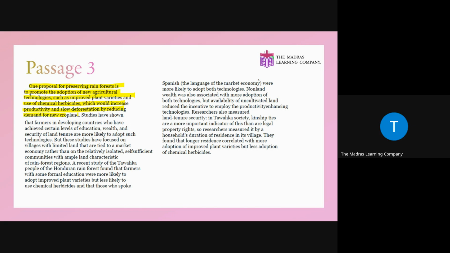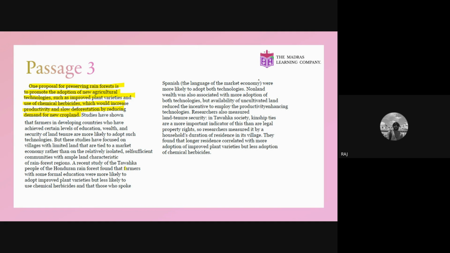Raj, did you read any other sentence? Yes, I read the first sentence. After that, I also read that this study found that farmers with some formal education were more likely to adopt improved plant varieties, but less likely to use chemical herbicides.